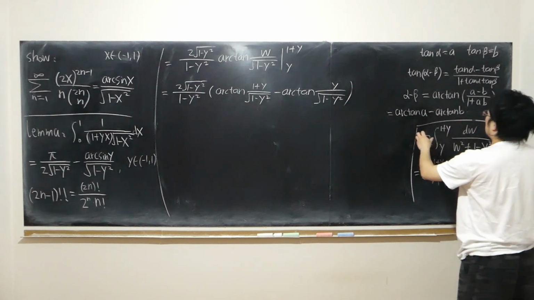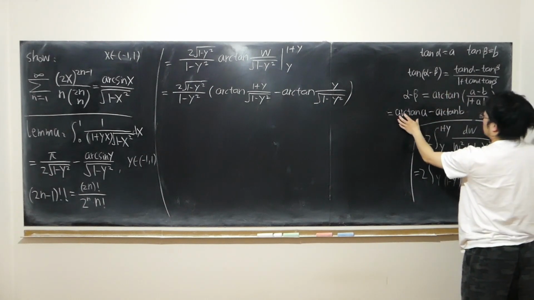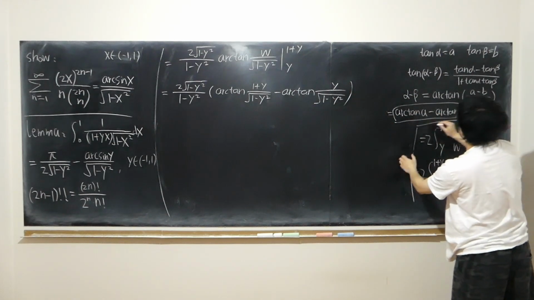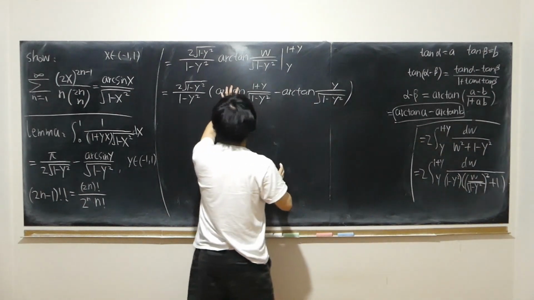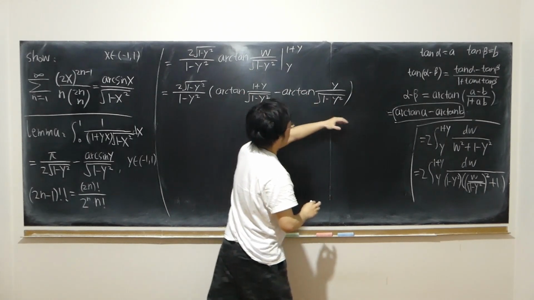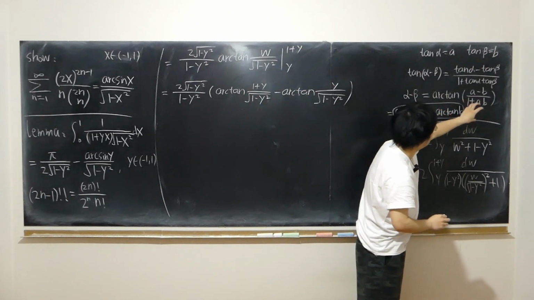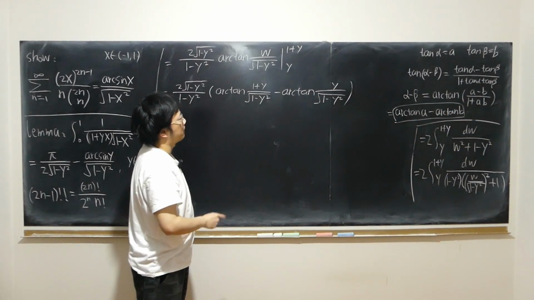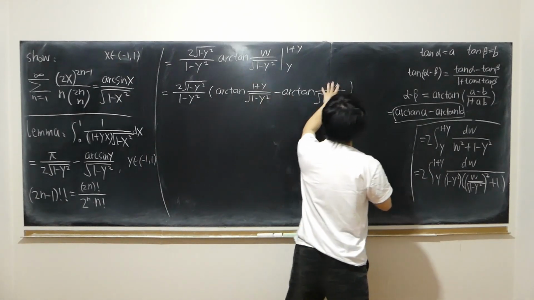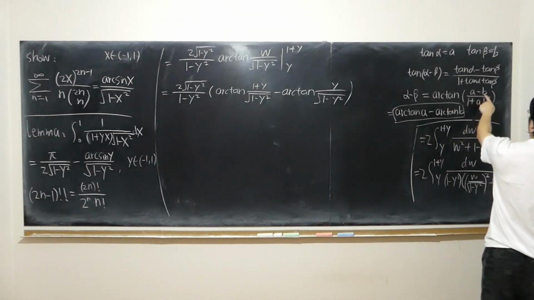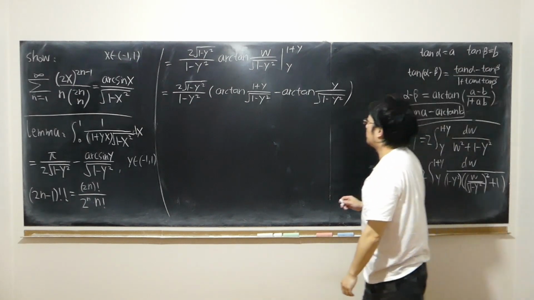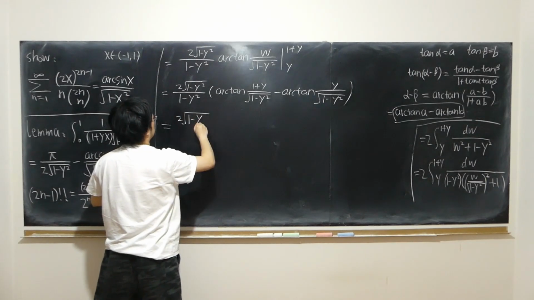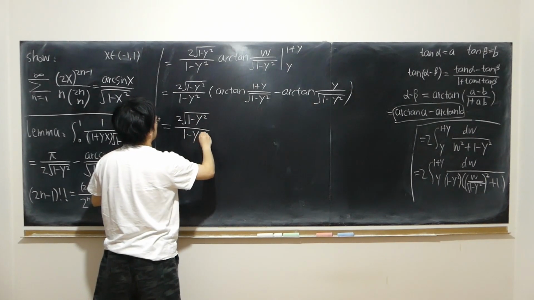So we can simply say the difference between the two can equal that. So arctangent of something minus arctangent of another thing can be written into a single arctangent, combining A minus B over 1 plus AB. But this is A, this is B. Inside here, A minus B over 1 plus AB, y squared, 1 minus y squared.